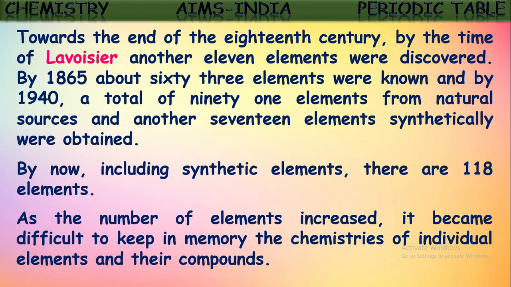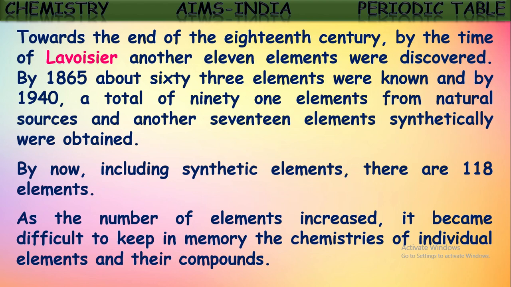As the number of elements increased, it became difficult to keep in memory the characteristics and chemical properties of these elements and their compounds. In the olden days, only a few elements were known, so remembering the properties of those elements individually might have been simple.